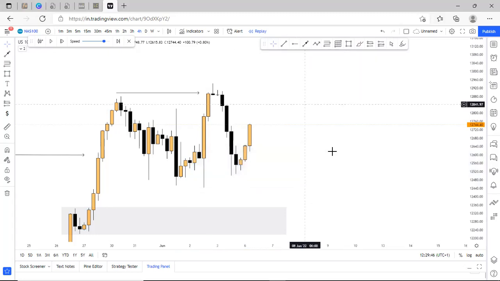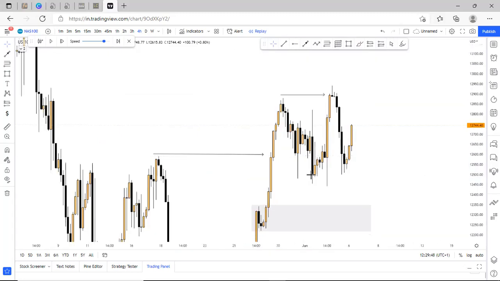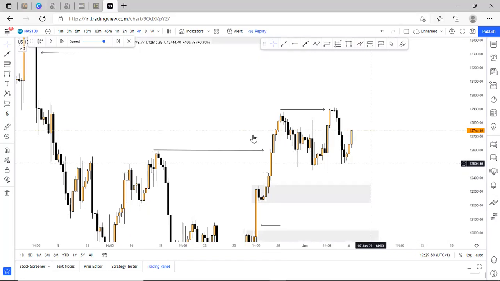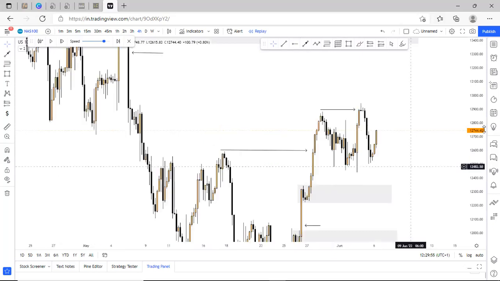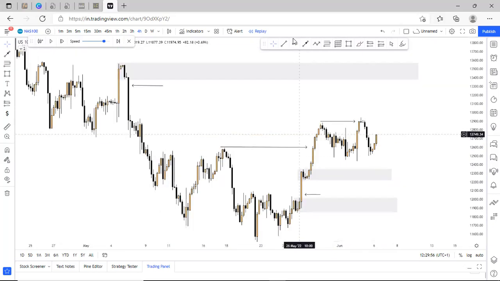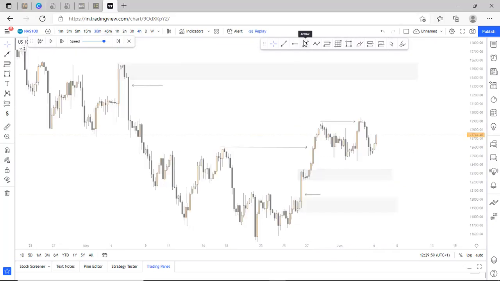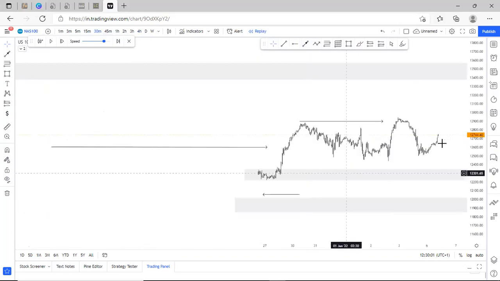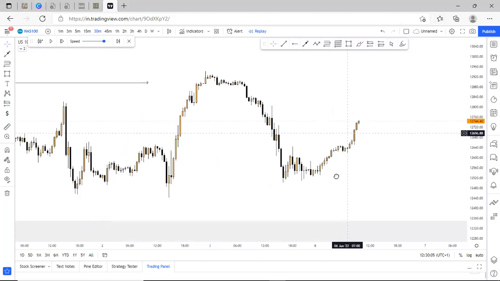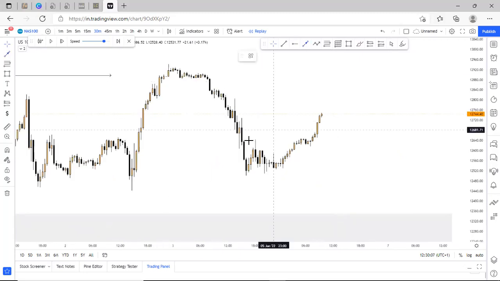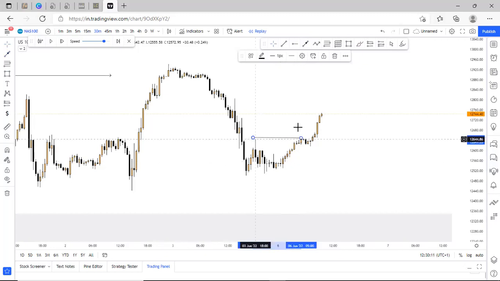I did not trade it because I think it was past my trading hour, and probably I couldn't find a confirmation to buy at this level. So I just left it right there. But I had that bias to go long. As you can see, the market did not exactly give a confirmation entry after we broke.